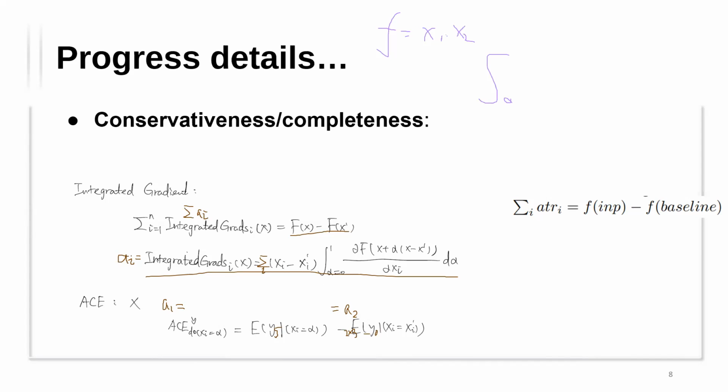So alpha goes from 0 to 1, right? Maybe we can use the example before, like f(x) equals x1 times x2, with the 2 and 3 here. So let's say Ai equals 2 and 3. The gradient is from alpha 0 to 1, so it should be the partial derivative.